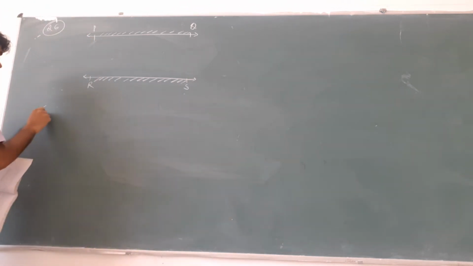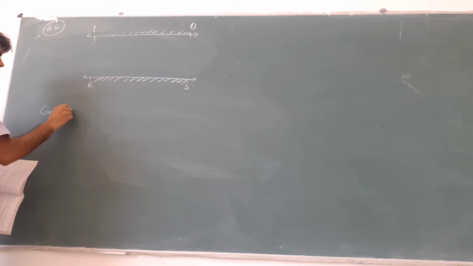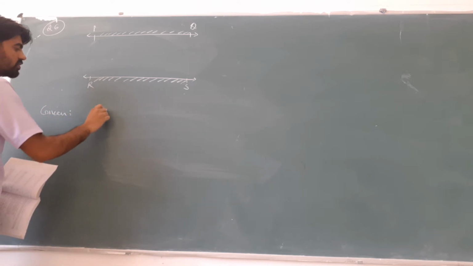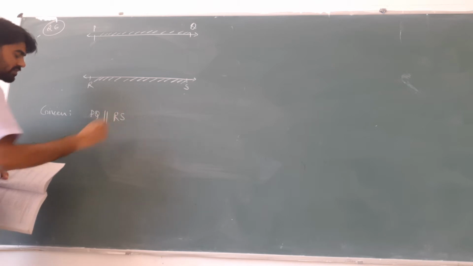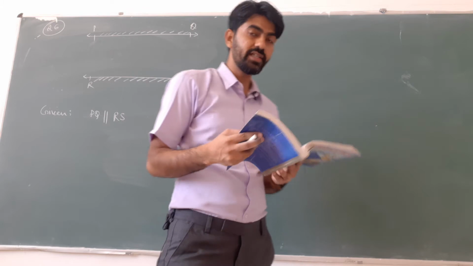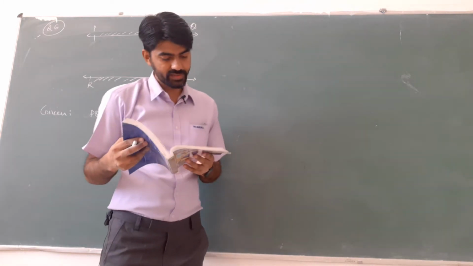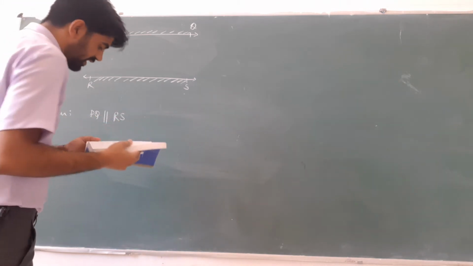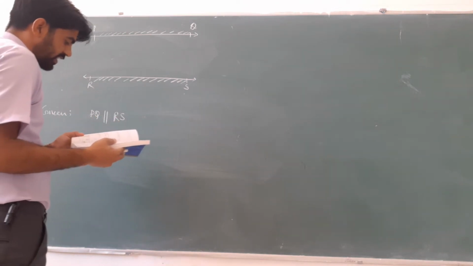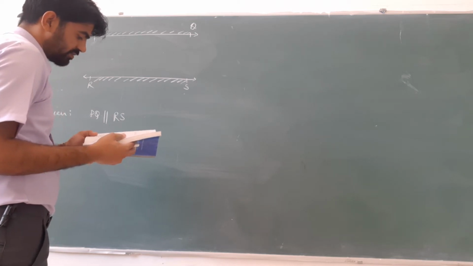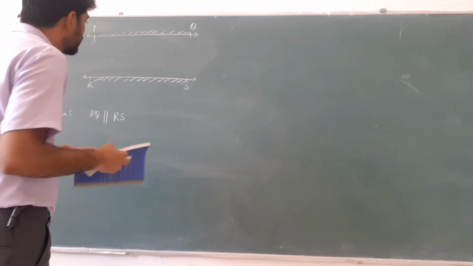So what is given? That PQ is parallel to RS. Okay. Then an incident ray AB strikes the mirror PQ at B and the reflected ray moves along path BC, strikes the mirror RS at C, and then again reflects back along CD.